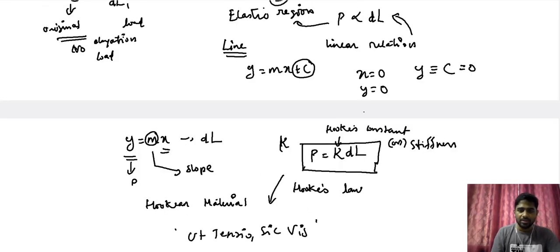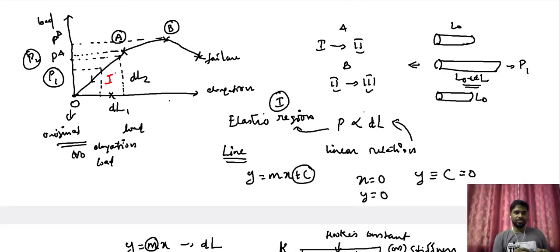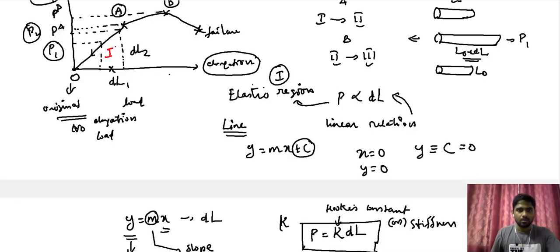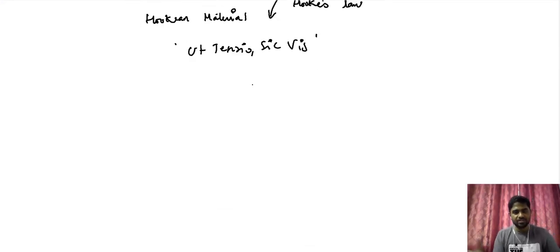Now, when we consider the graphical representation with load and elongation, there could be an obvious question in your mind as to why we have to consider load and elongation, because during our previous discussion we have seen that load and elongation are not the most ideal way of representing the mechanical behavior and response of the materials, because load is influenced by the configuration of the material that we consider, the dimension of the sample that we have, and the same goes for the elongation.